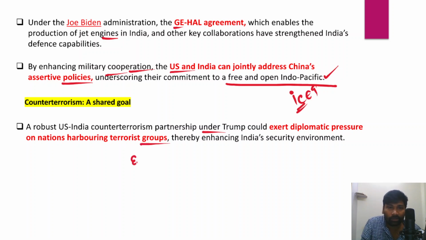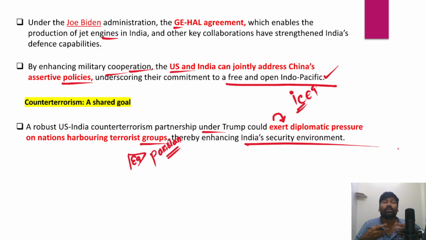When we talk about countries harboring terrorist groups, we should talk about Pakistan, right? Pakistan has been supporting terrorism, particularly cross-border terrorism against India, and the USA under Donald Trump could exert diplomatic pressure on such countries, thereby further enhancing India's overall security environment.